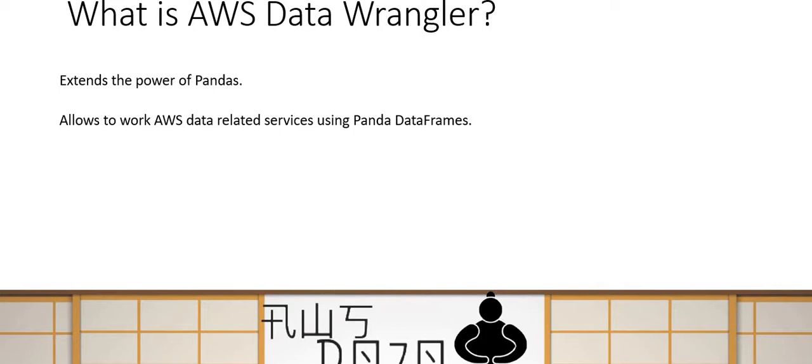In the same way, if you want to save or update your Pandas DataFrame data into AWS data services like S3 or DynamoDB or Redshift or Athena, then you can again use Data Wrangler for that. In very simple terms, Data Wrangler makes a Pandas DataFrame able to communicate with AWS data services, both to fetch data as well as to populate the data.